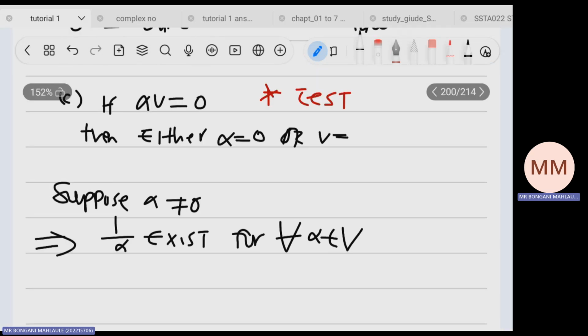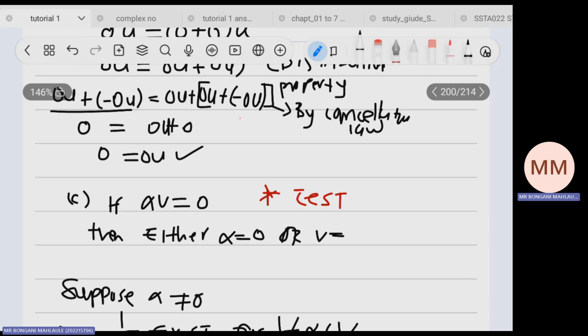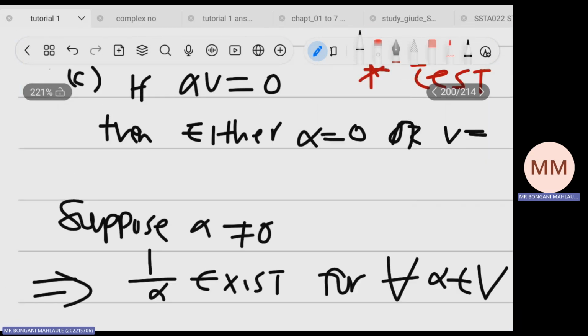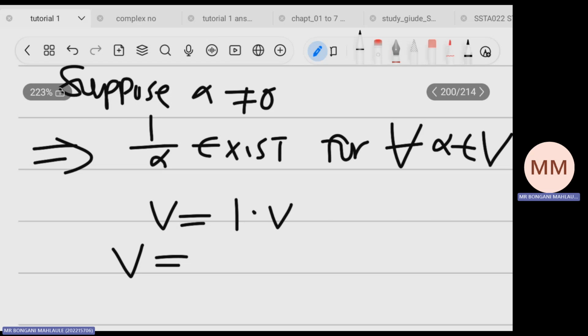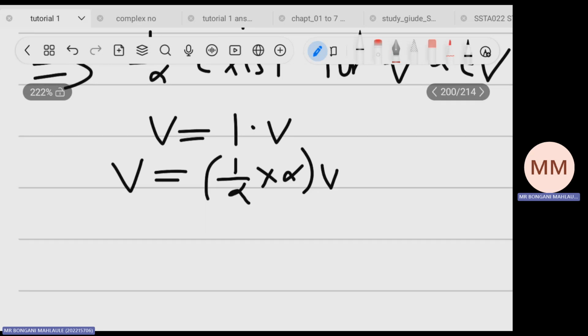Now, if I say v is equal to 1v, I wouldn't be wrong. This is true. Then I can replace this 1 by 1 over alpha times alpha. Then you'll just get 1 over alpha times alpha v.